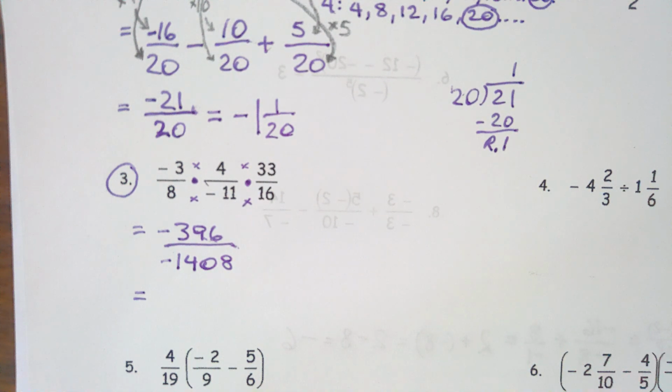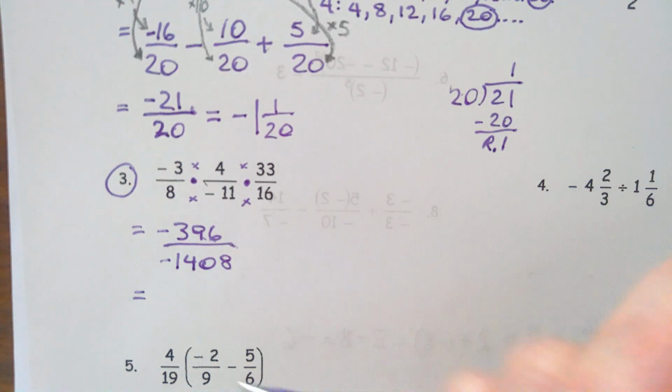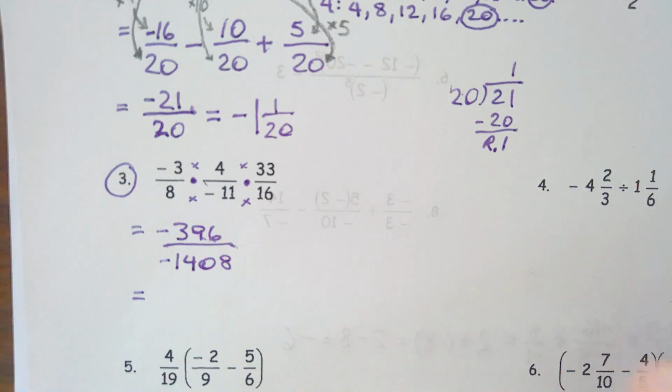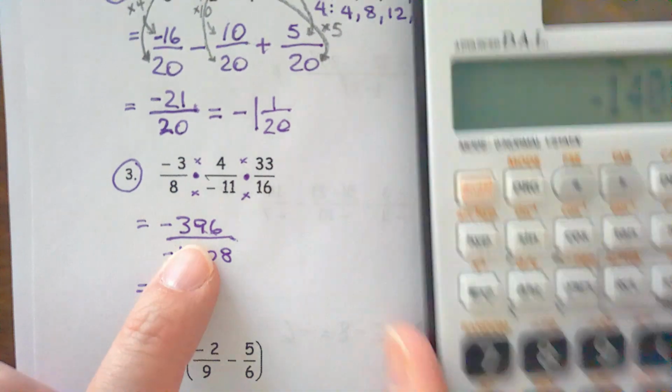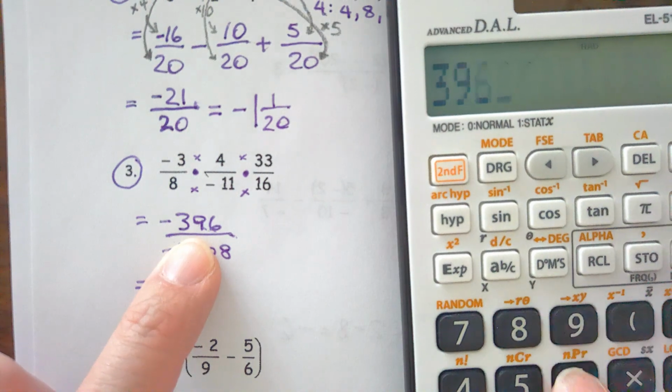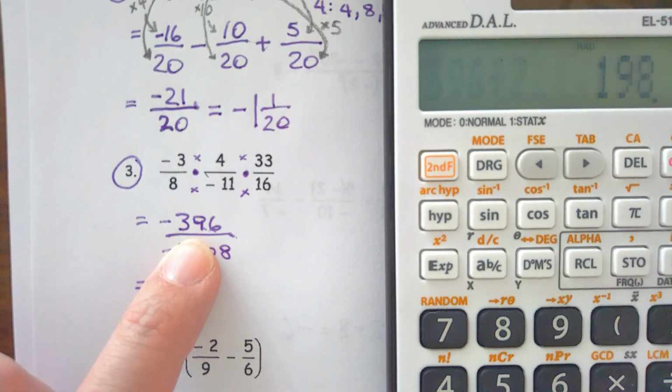Oh, miss, these numbers are way too big. I can't think when the number is so big. All right. I can reduce it. What goes into both of these? At least what goes into both? 2, because both of them are even numbers. So I know that 2 goes into both. So 396 divided by 2, 198.